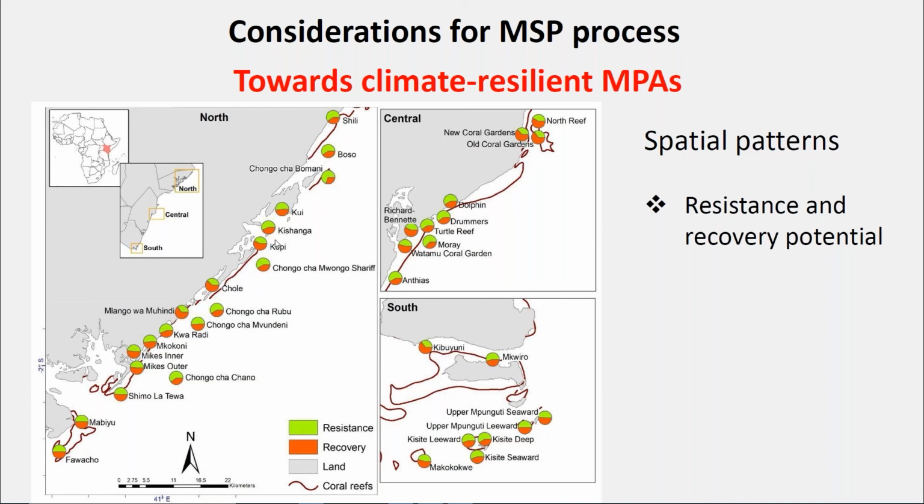Also, in terms of protection, we found that marine protected areas did not differ from other areas in terms of their resistance and recovery potential. So we realized that the current marine protected areas do not have the capacity to resist bleaching events, and therefore might not steer our coral reefs into the future in this time of climate change. Next slide.